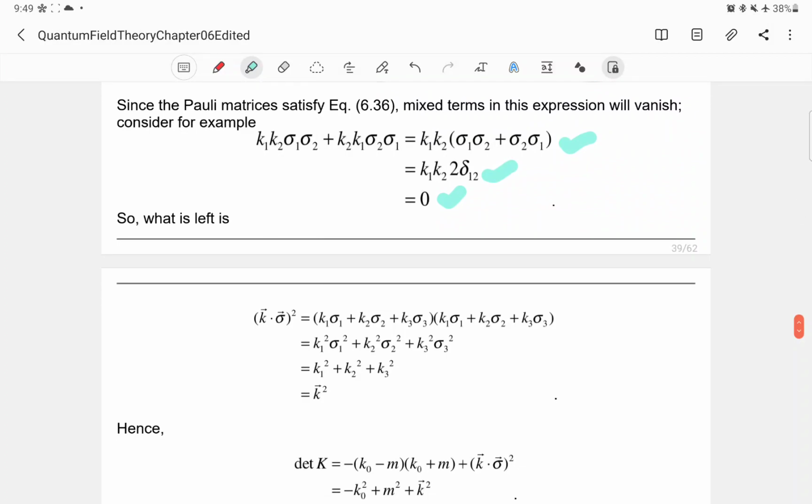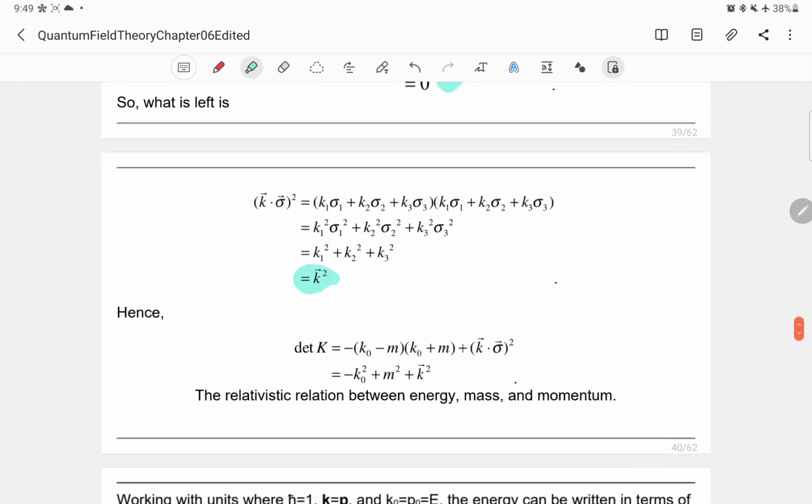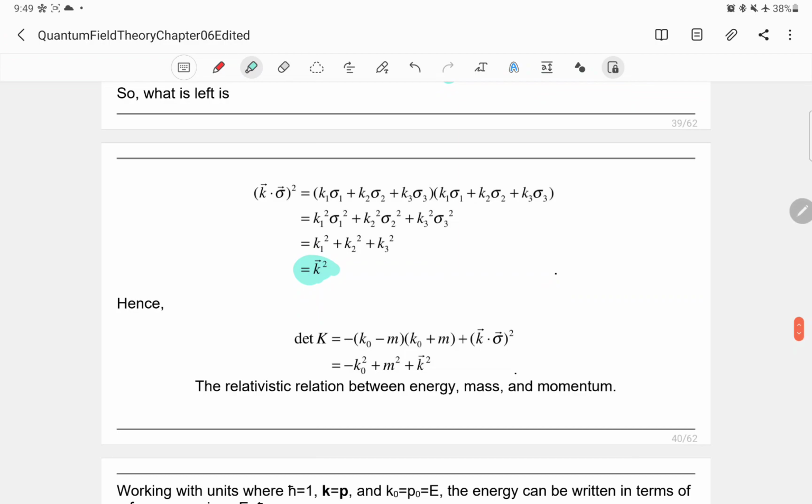So finally, what's left is your k squared, k vector k, or momentum, that sigma squared of that is just your momentum squared. This is not the 4-momentum, that's just the 3-momentum. So therefore, this is now equal to, of course, 0, and this one is just the energy.